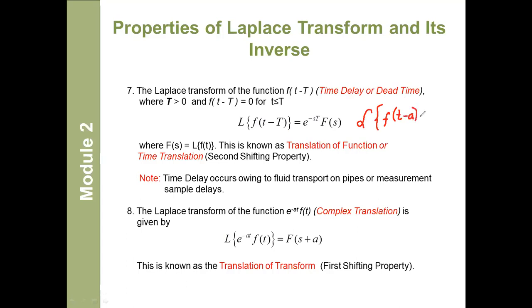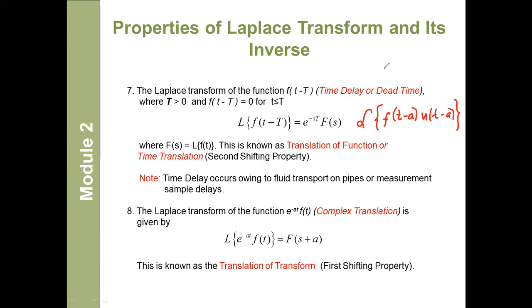T minus a, u of t minus a. This is the way it's written in advanced math. This is referred to as the second shifting property in advanced math. So it's not that the Laplace transformation is being shifted, but this time the t in that particular function is shifted already.